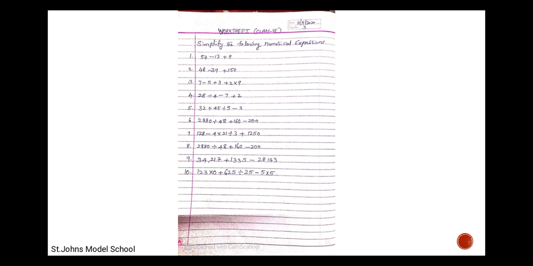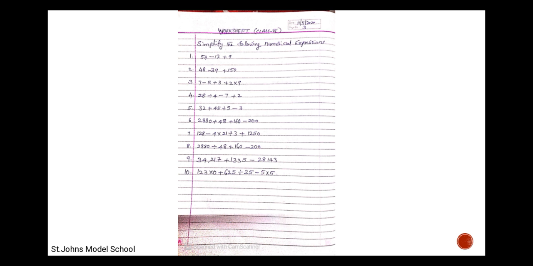The seventh question, first do the division 21 divided by 3, then multiply that number with 4, then addition, then subtraction. And eighth question, 200, first do the division, then addition, then subtraction. And in the ninth question, simple, first add, then subtract.